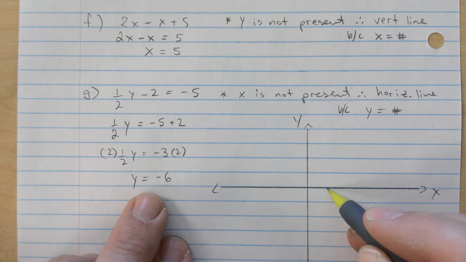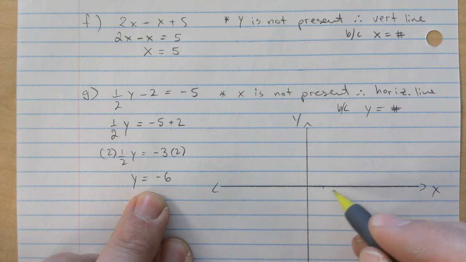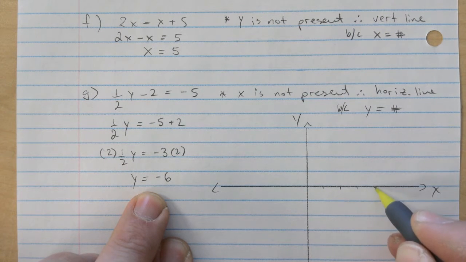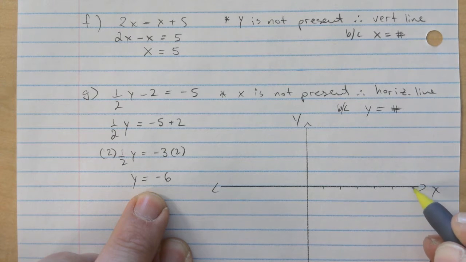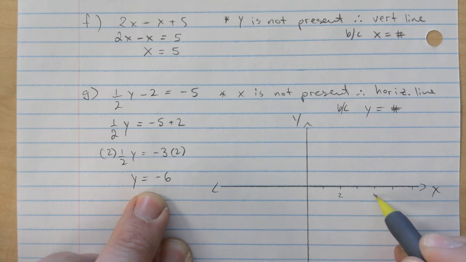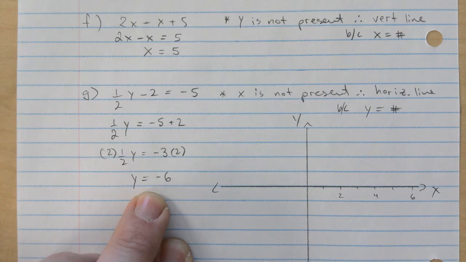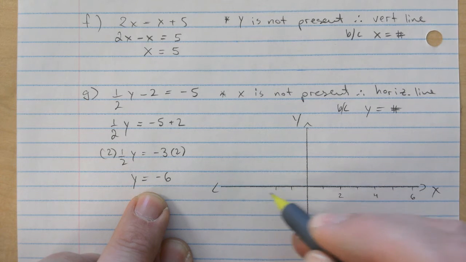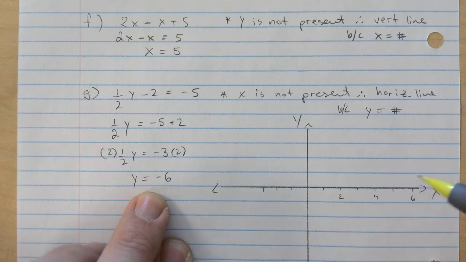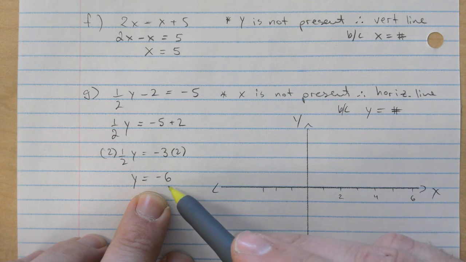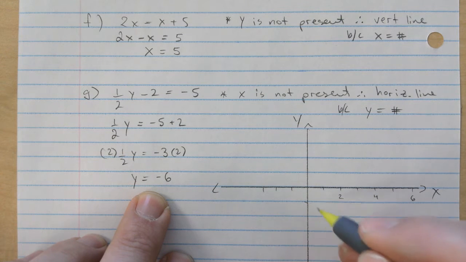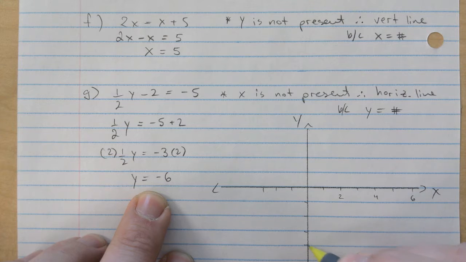So I'm going to use a scale of 1, I think. 1, 2, 3, 4, 5, 6. I'm going to label every second one. Just continue a little bit to the left. And then this is -6. So I'm going to go 1, 2, 3, 4, 5.